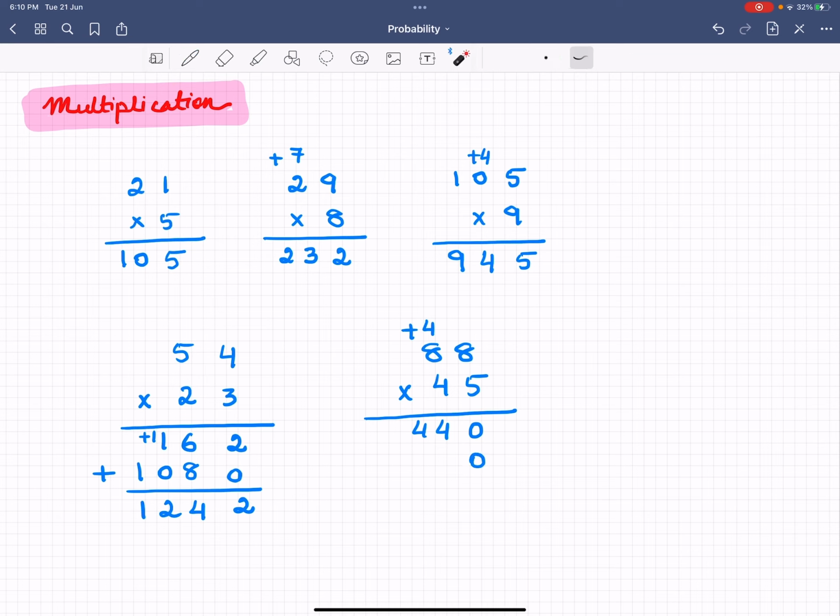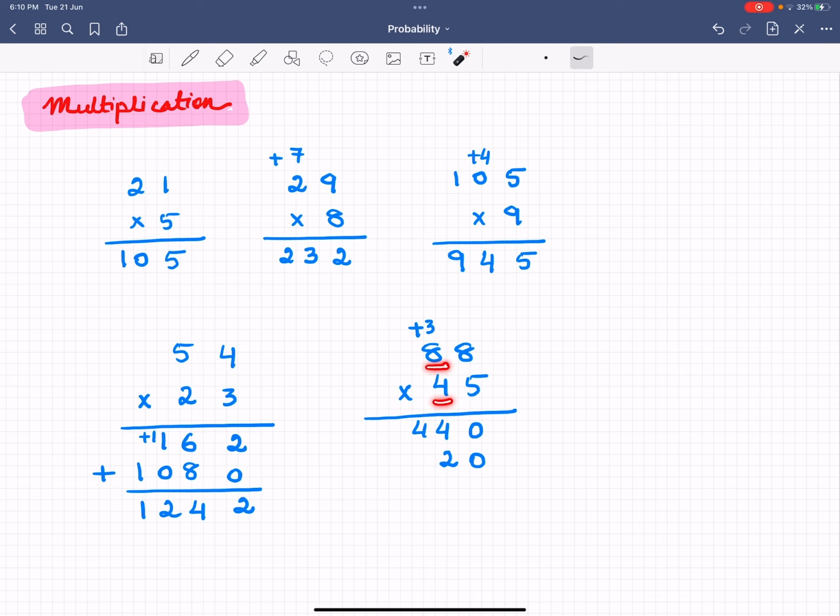Now 4 eights are 32. So let's erase this carryover. 4 eights are 32. So when we multiply 4 and 8, we get 32. We write 2 here and we put the 3 for the carryover. Now again we have 4 eights are 32.